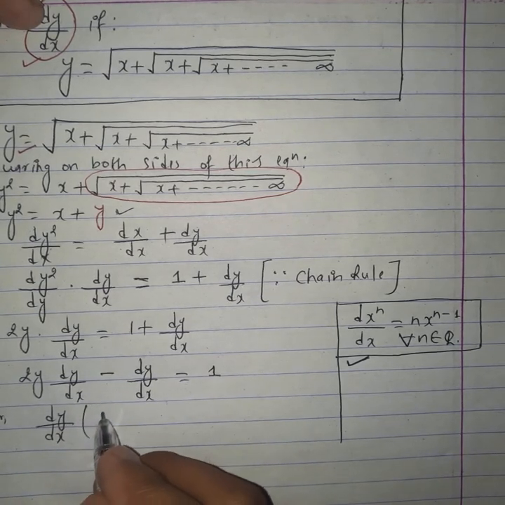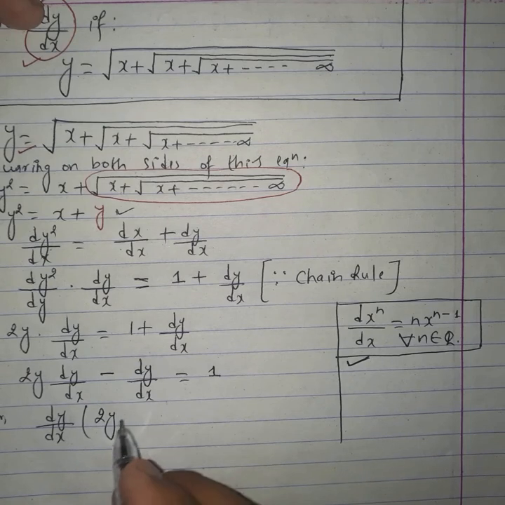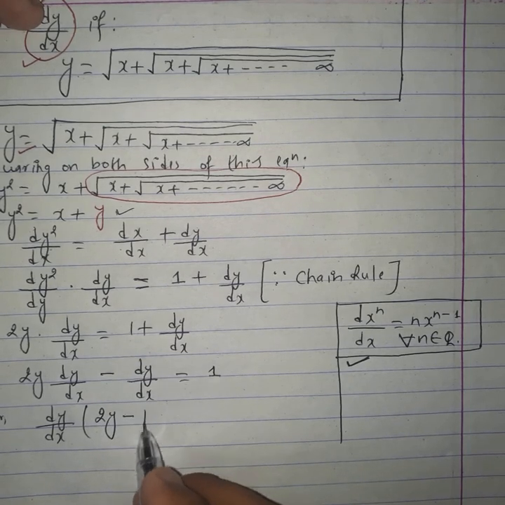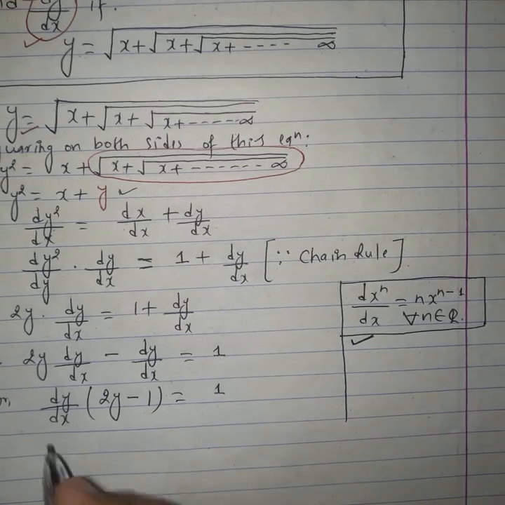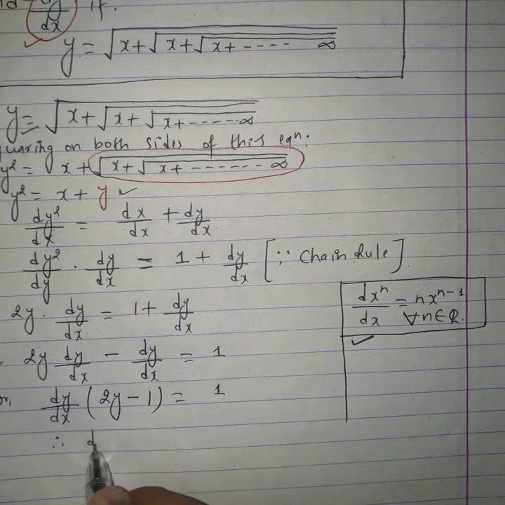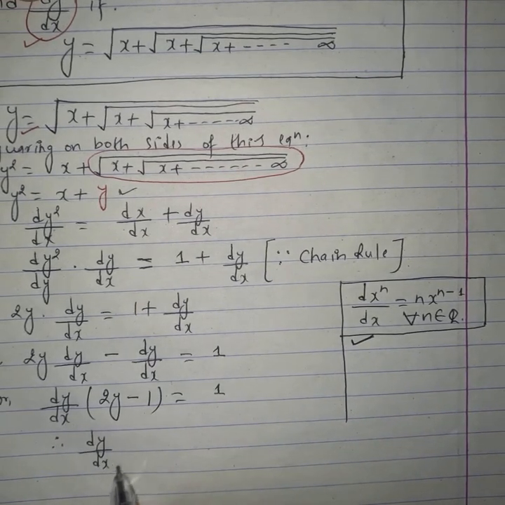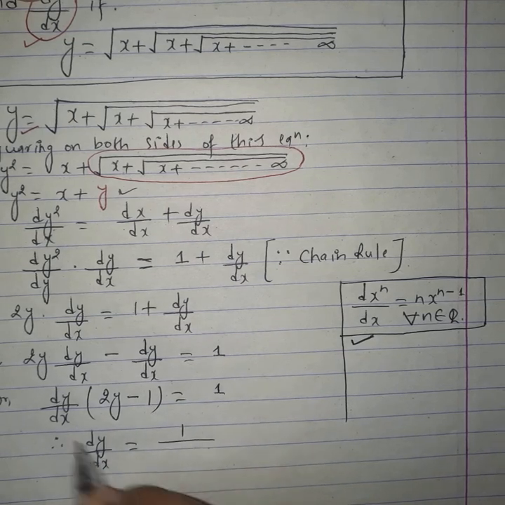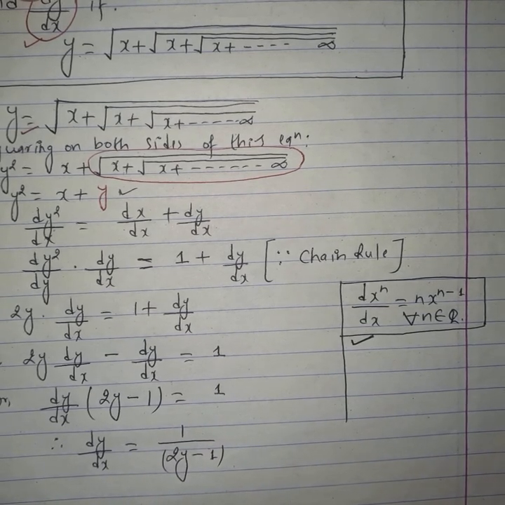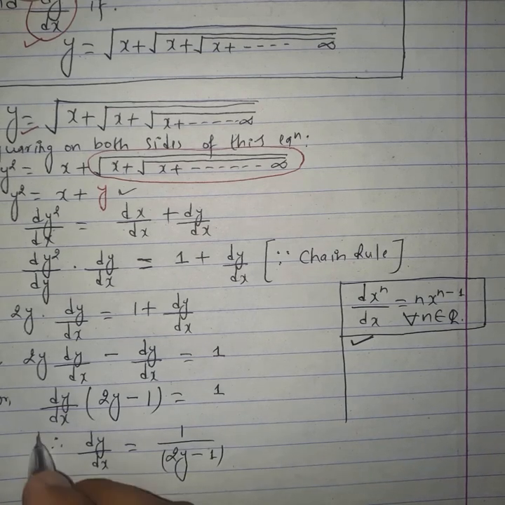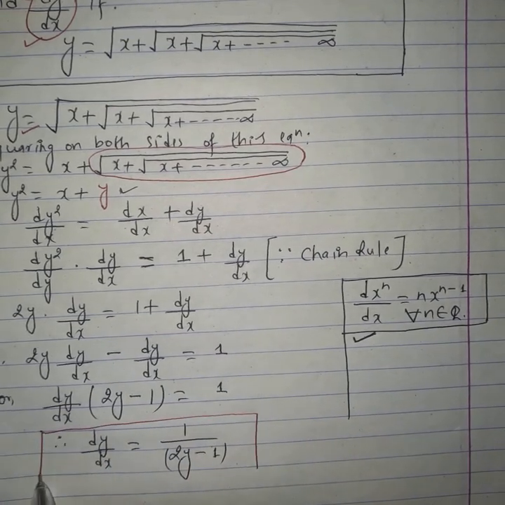After taking the common, the terms will be 2y minus 1 is equal to 1. Therefore the value of dy over dx is 1 over 2y minus 1, after transposing this term to the right hand side. Here we finally obtain the result of dy over dx. This is our final answer.